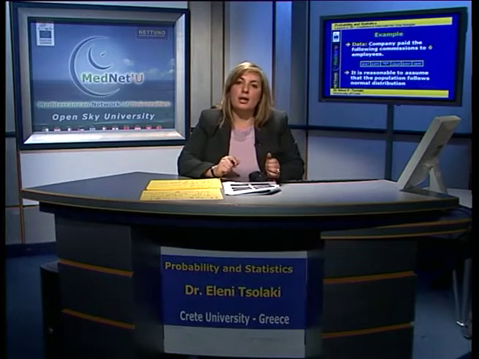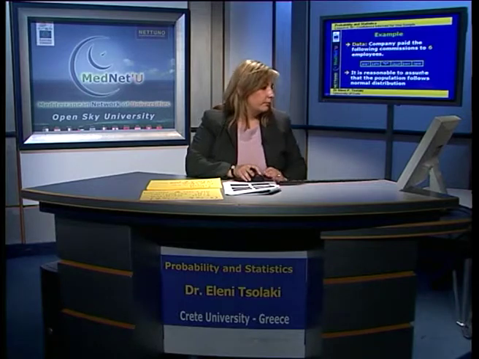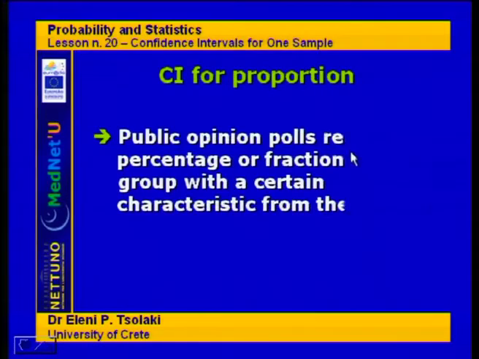Let's see now another characteristic of the population. We are going to see the proportion. Proportion is important when we are talking about public opinion polls. Public opinion polls report percentages or fractions of a group with a certain characteristic from the sample.